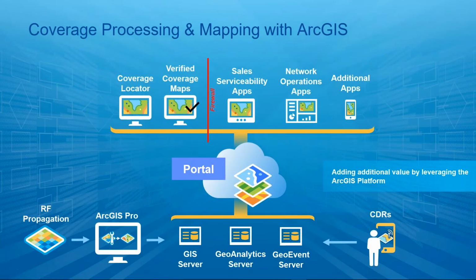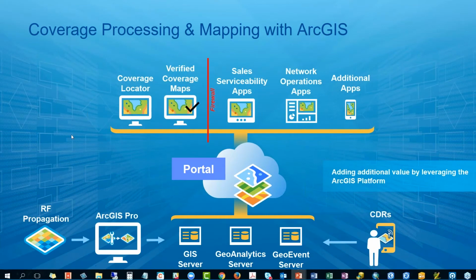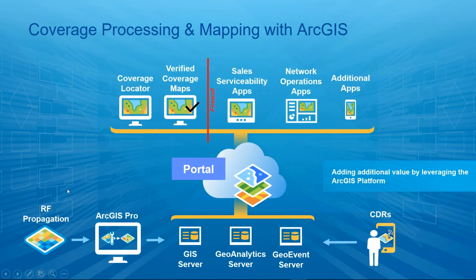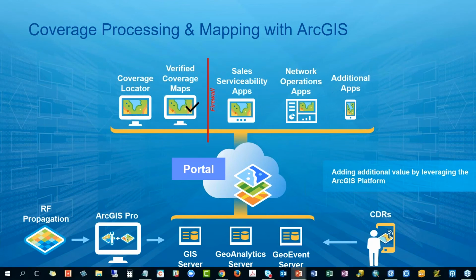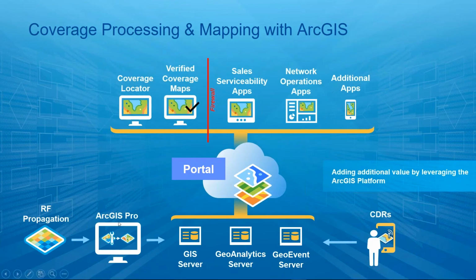So how would you go about creating some of those additional business apps or even that serviceability application that we just saw? Well, earlier we walked through taking that raw RF propagation data and then bringing it into ArcGIS Pro, and using our coverage processing and mapping tool, we were able to process that data.